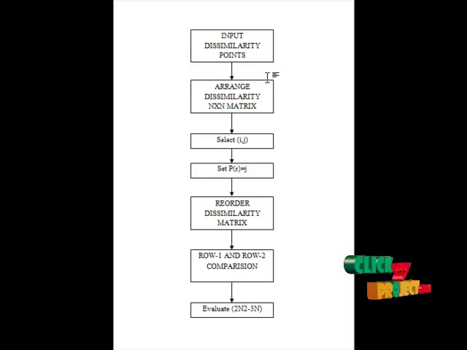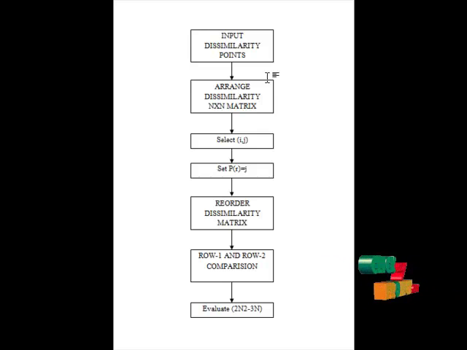From the reordered VAT output, we select the pixel points at i and j positions. Then for each pixel point, we further calculate the least level of the matrix arrangement. Then for each iteration, we compare the first row and second row, that means the previous row and present row of the matrix.